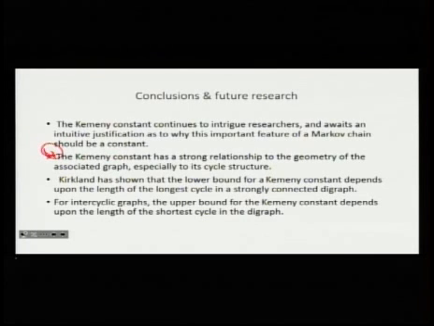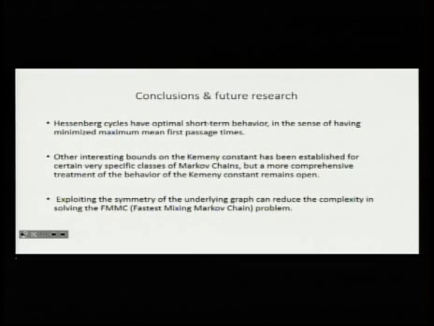It's still an open question why this important feature of the Markov chain should be constant, so we're still awaiting an intuitive justification. We've seen that Hessenberg cycles have optimal short-term behavior. We found bounds for very specific classes of Markov chains, but a more comprehensive or general treatment remains open. Can we expand these results to include larger classes of Markov chains?